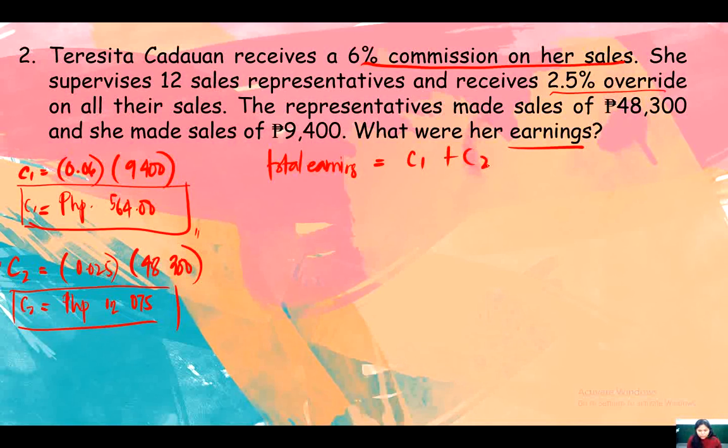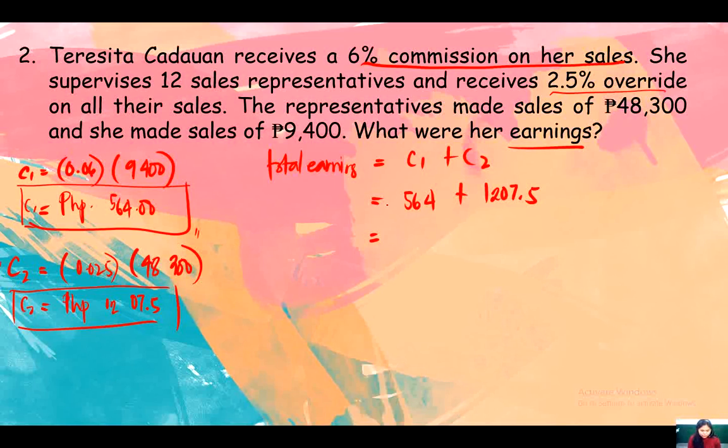So again, for us to know her total earnings, let's add together all the commission. Commission 1 plus commission 2. So 564 pesos plus 12,075 pesos. Okay, correction. Let me check it again. 48,300 times 0.025 is 1,207.5.